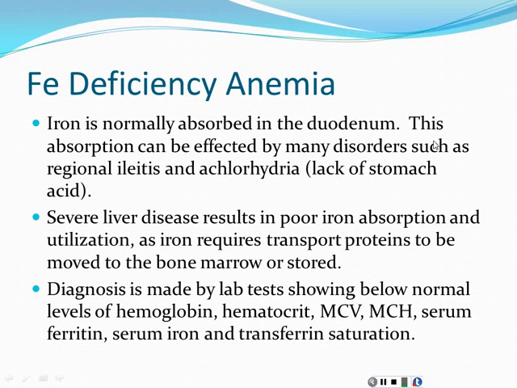All right. In addition to inadequate intake, iron needs acid present to be absorbed. So if you have a condition where the stomach is not producing adequate acid, one example of that, pretty rare, is achlorhydria, an autoimmune disease of the stomach.